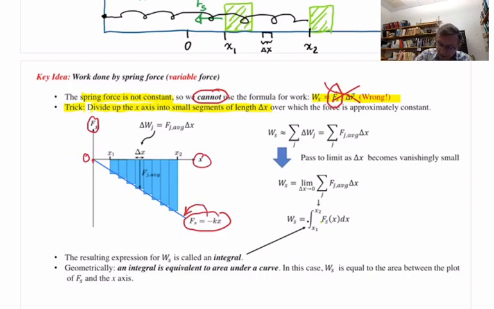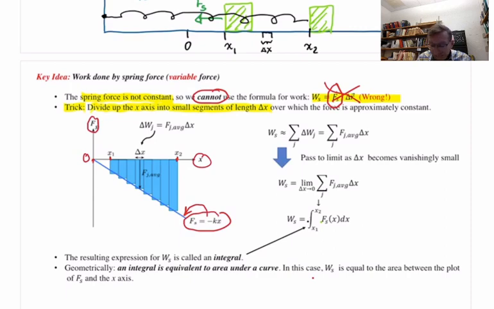And I've also marked the points x1 on the x-axis and x2. And I've imagined dividing up the region between x1 and x2 into a whole bunch of little lengths delta x. I've emphasized one of them, but there's a whole bunch of them in there between x1 and x2. All right, now here's the trick, or the next part of the trick.